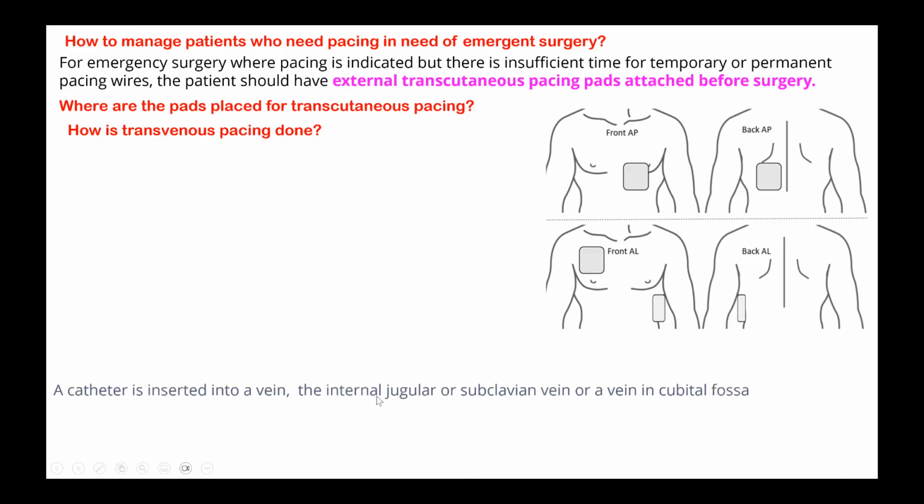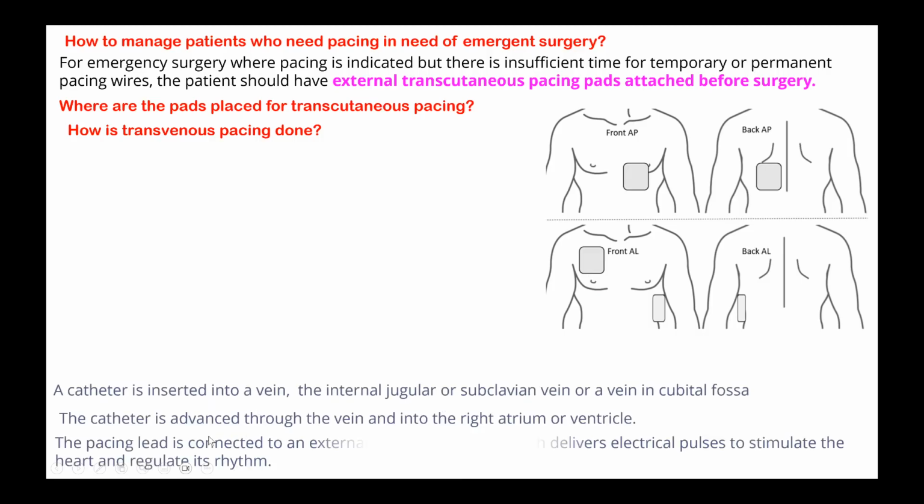The catheter is inserted into the vein, either internal jugular, subclavian, or a vein in the cubital fossa, and advanced into the right atrium or right ventricle. The catheter is the lead, and you will have the pulse generator outside. The pacing lead is connected to the external pacing generator, which delivers electrical pulses to stimulate the heart.